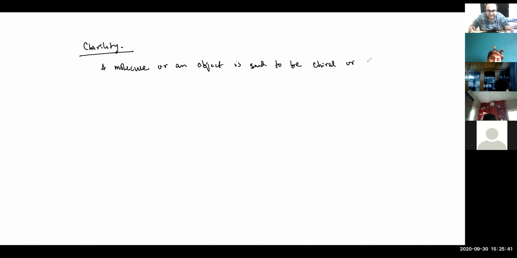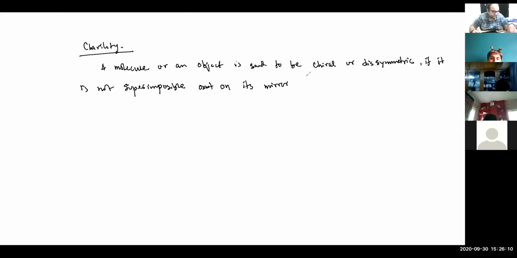Okay, so now what is chirality? A molecule or an object is said to be chiral or dissymmetric if it is not superimposable on its mirror image.